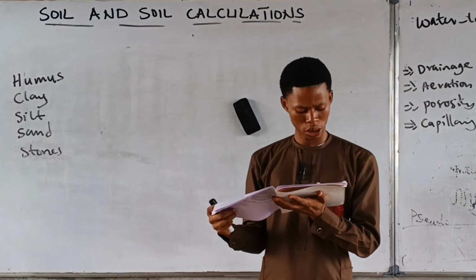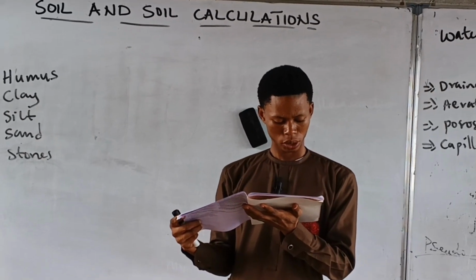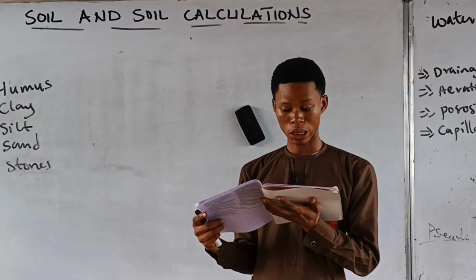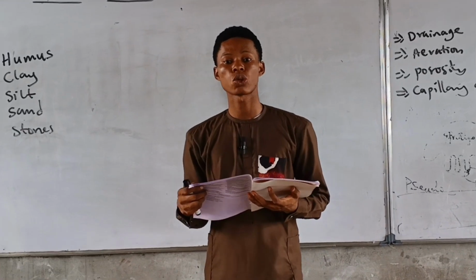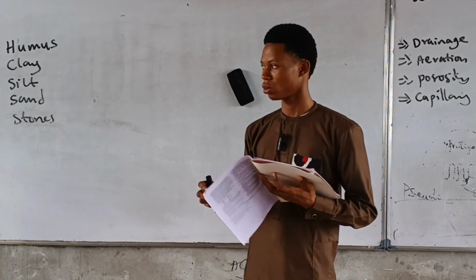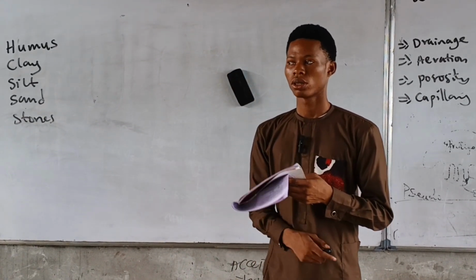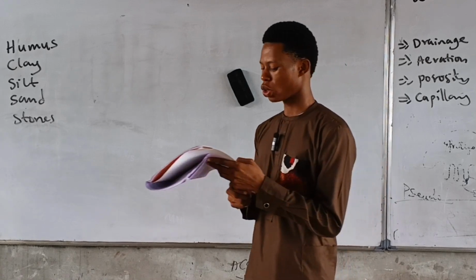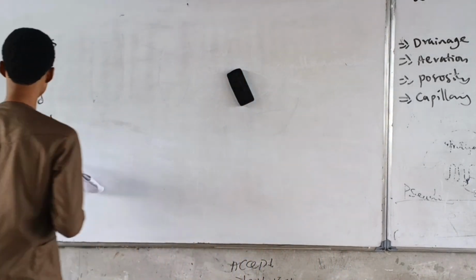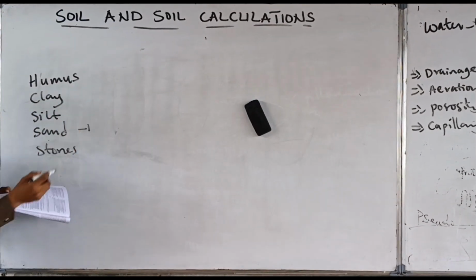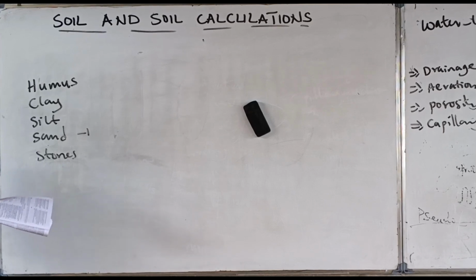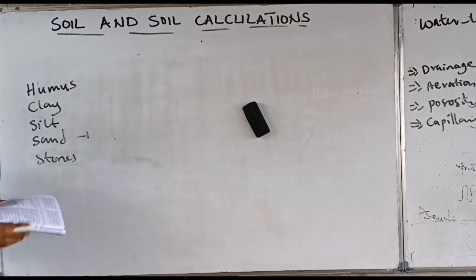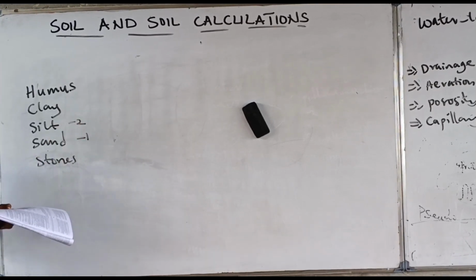That's question number 6. Yes. So how will they settle? Okay, you said the first one is what? Sand. You said the first one is sand. Yes. Next one is what? Silt. Next one is what?